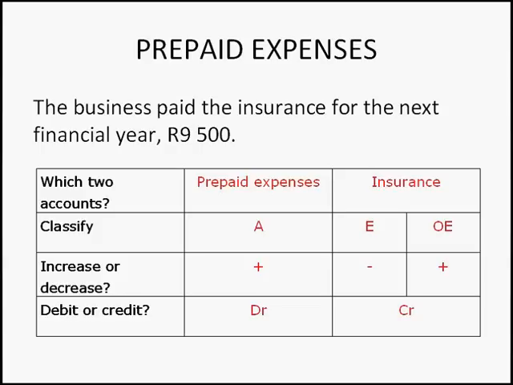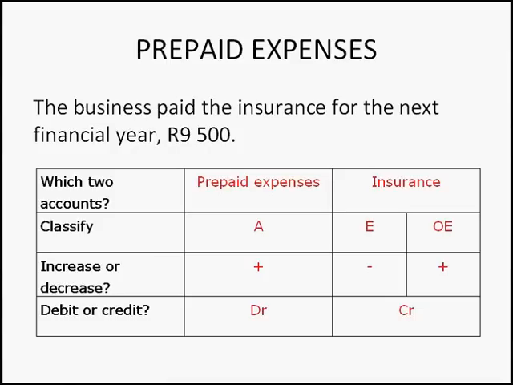And it's seen as an asset that increases because all of a sudden that money that I thought I had paid actually belongs back to the company again. Insurance, on the other hand, is an expense, and because the books of the business would have shown an increased amount that was paid for insurance, and we now have to decrease it, it means that my owner's equity will increase.